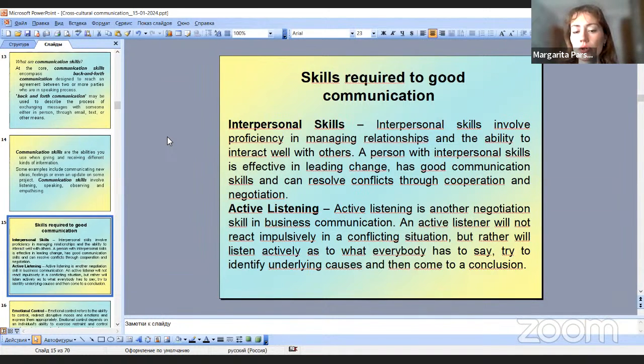An active listener will not react impulsively in a conflicting situation. So, as we can say, to not lead to a conflicting situation, we must not react impulsively, be calm, try to open our mind and listen to another person. Listen actively to what everybody has to say. Listening actively doesn't mean to listen and react impulsively.